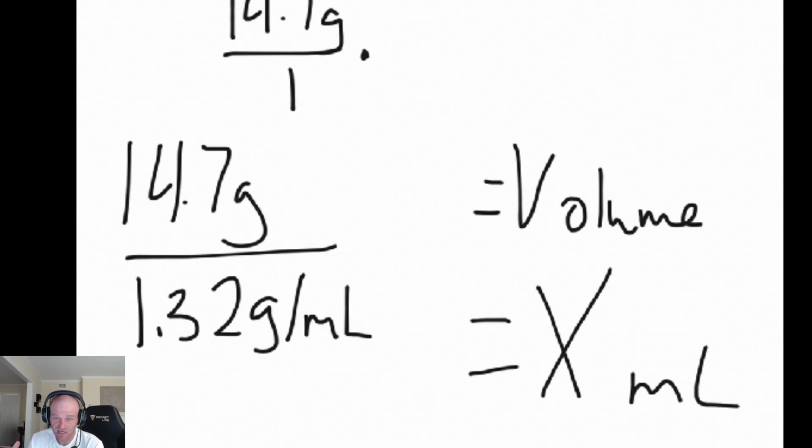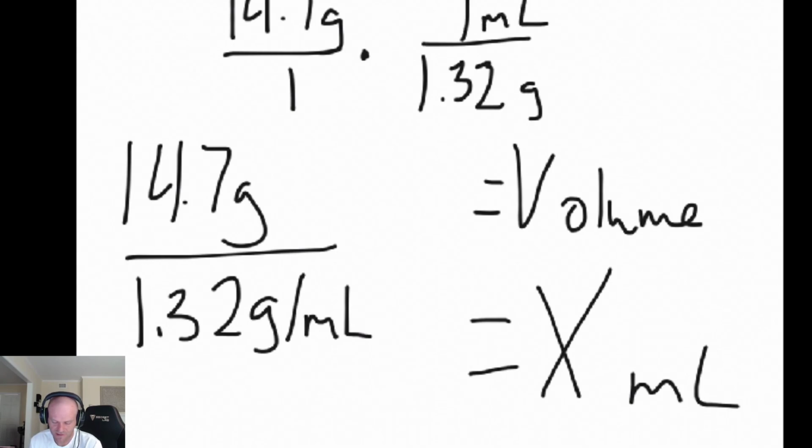When you divide fractions, you invert and multiply. The reason I set that up is to cancel out the grams. That's how I knew I was on the wrong path when I started to multiply the 1.32 up top. So the grams cancel out.